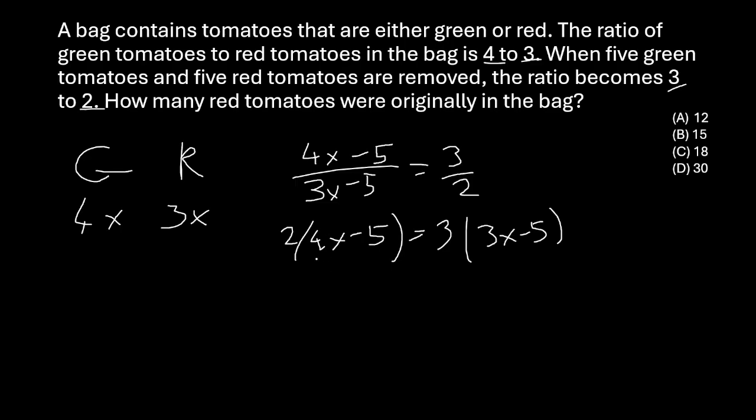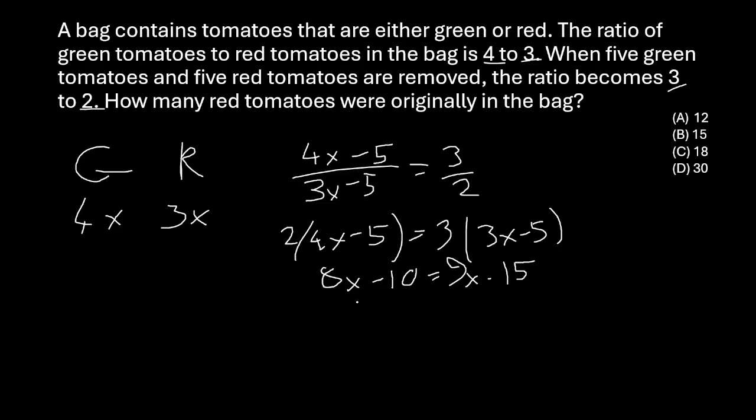Now we distribute. 2 times 4x is 8x. 2 times negative 5 is negative 10. 3 times 3x is 9x. 3 times minus 5 is minus 15.